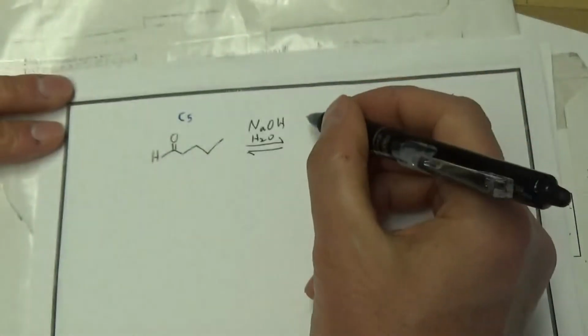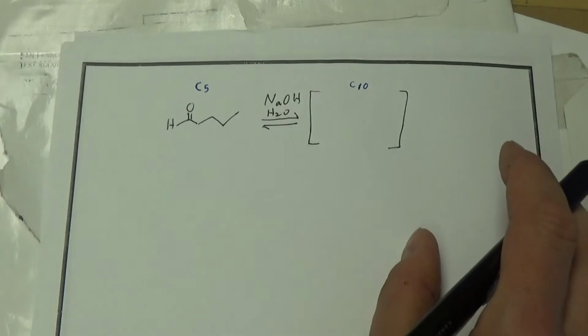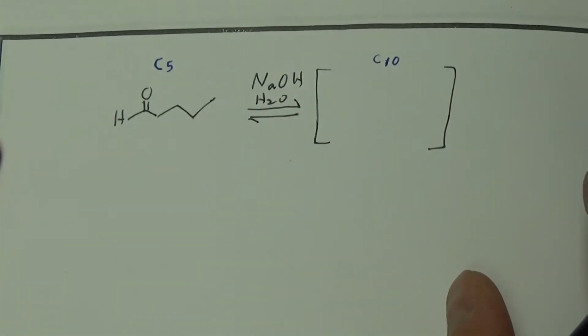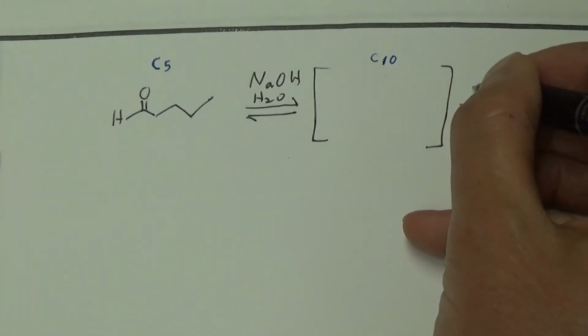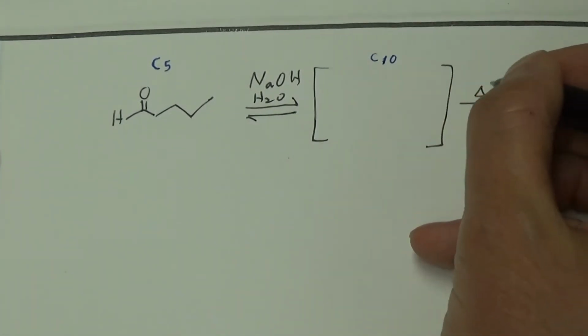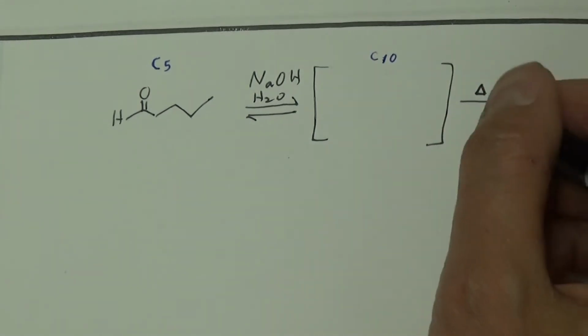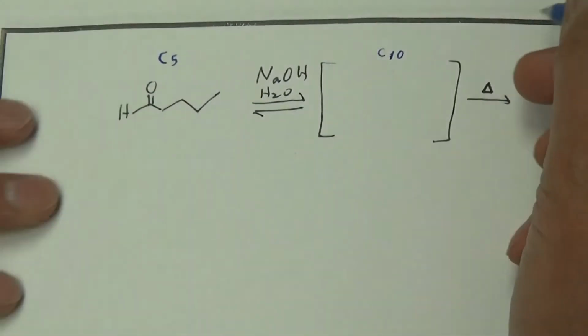I'm going to draw the intermediate here in brackets because it's the beta hydroxy aldehyde in this case. And then with heat, we'll push it over to the final product, and it's also going to be C10.